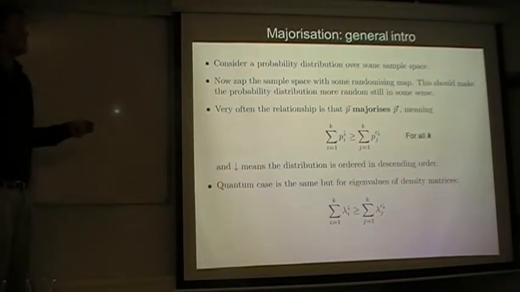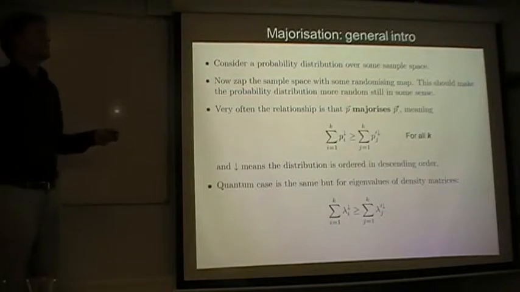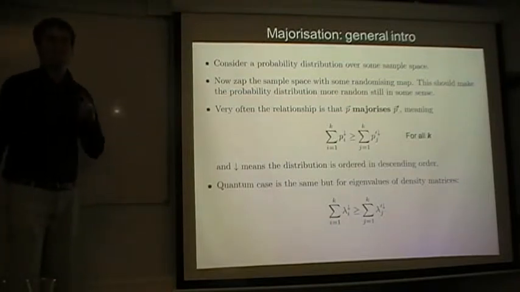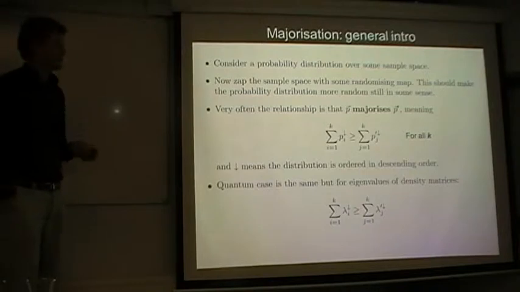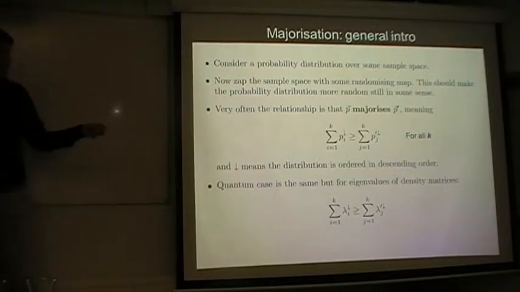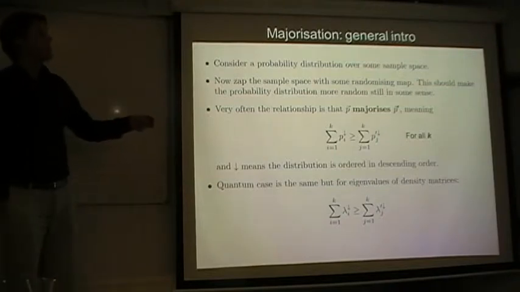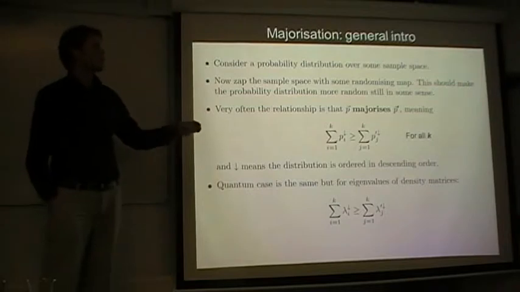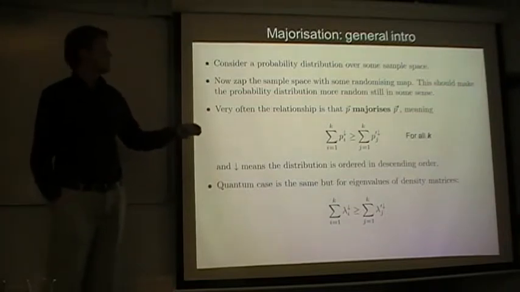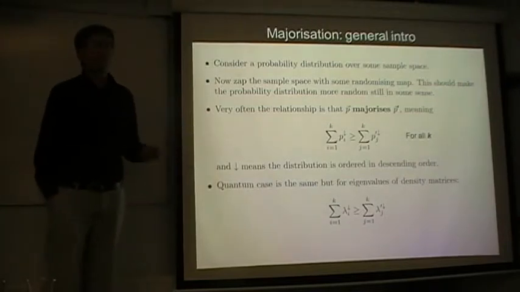This should make the probability distribution more random, still, in some sense. I'm going to be much more precise about that later, because that's a dangerous statement. Very often this relationship is what's called P majorizes P prime, so the initial probability distribution majorizes the one after the map.